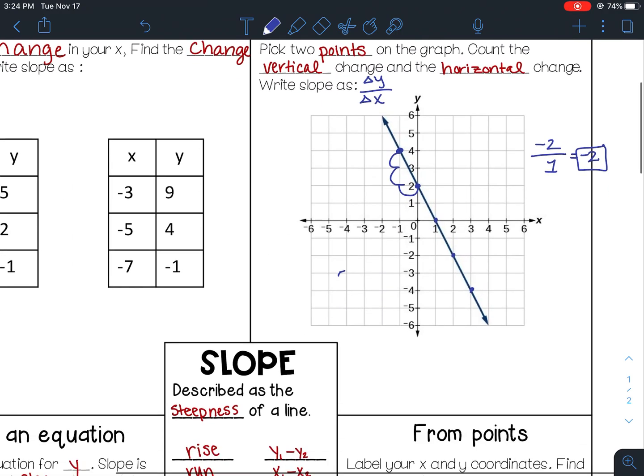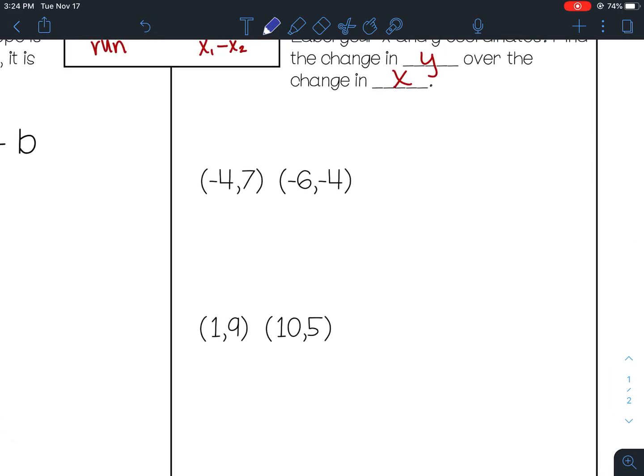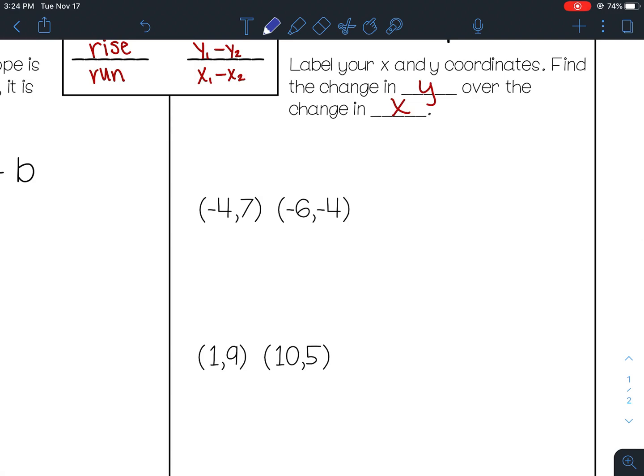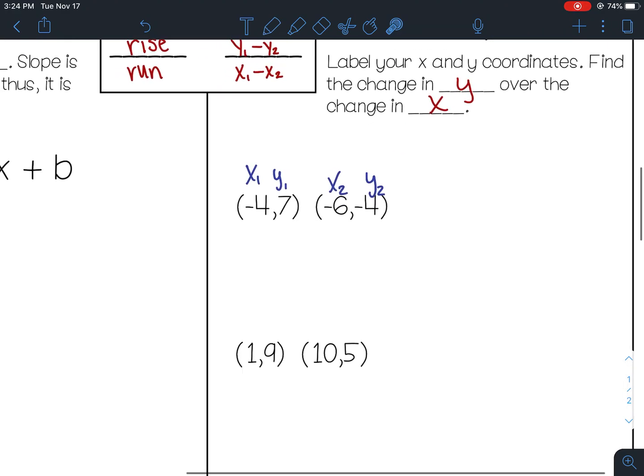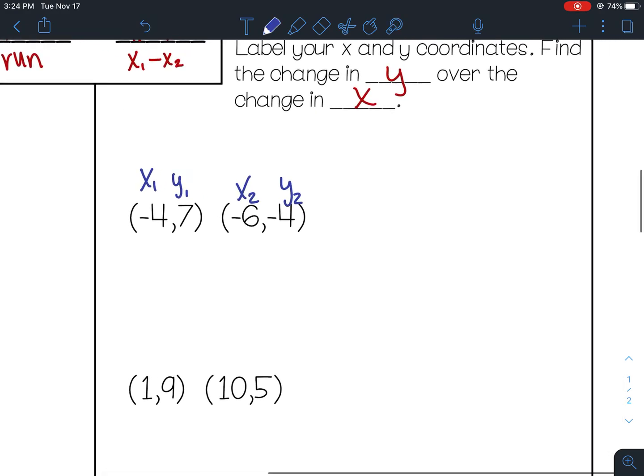All right, so now let's talk points. First thing we have to do is label our x and our y coordinates: x1 and y1, x2 and y2. Now that I have them labeled, I'm going to find the change in y over the change in x. In other words, I'm going to use that little formula that we wrote in that middle section.